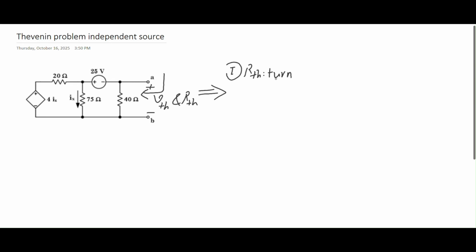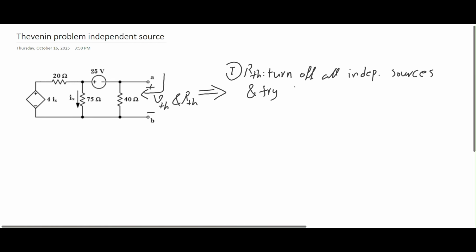To find the Thevenin resistor, we turn off all independent sources and try to find the equivalent resistor seen from port A, B. Okay, that's what we're trying to do.